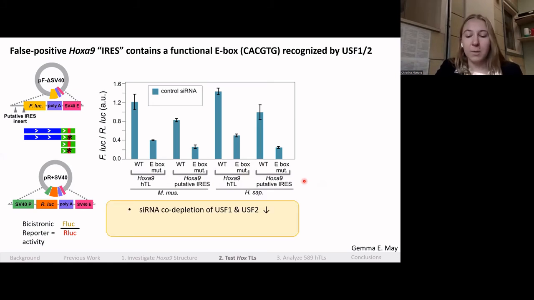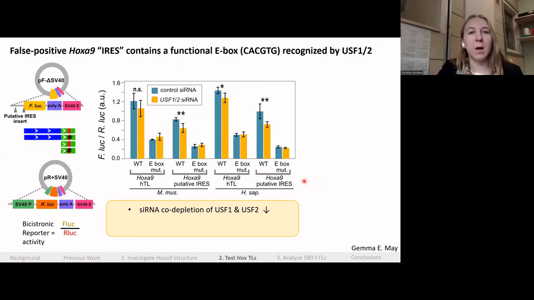We also used co-depletion of USF1 and USF2 to see the impact of these E-box motifs, and saw that wherever the E-box was mutated, there was no difference in F-Luc expression. But where the E-box motif was intact, we saw a significant decrease in F-Luc expression. So this suggests that the E-boxes play a role in expression of the F-Luc in the HOXA9 tested transcript leader.